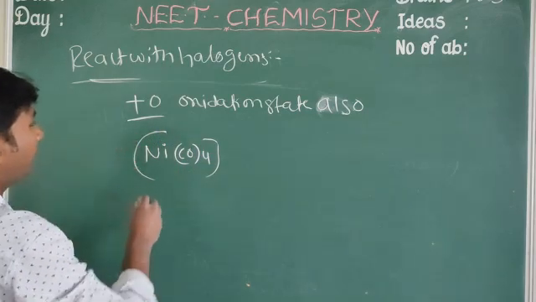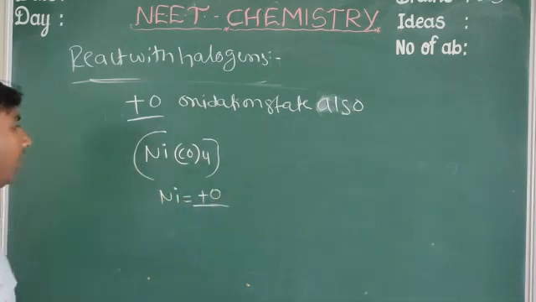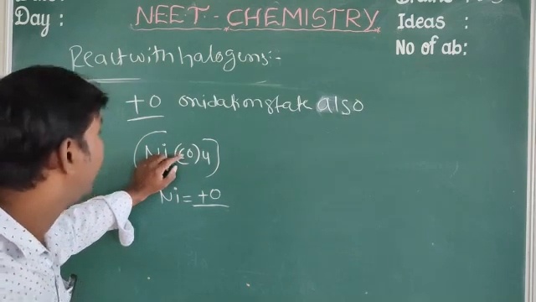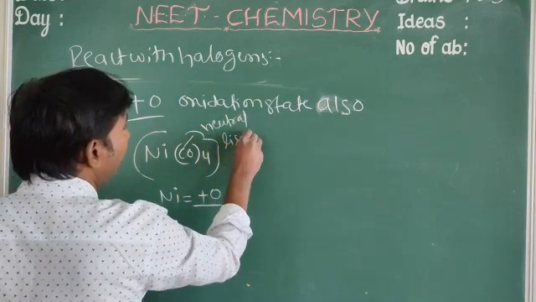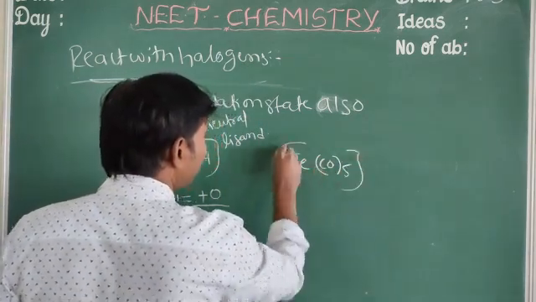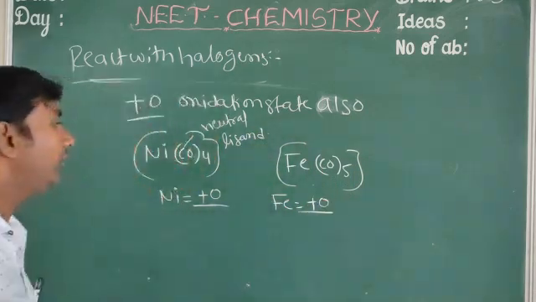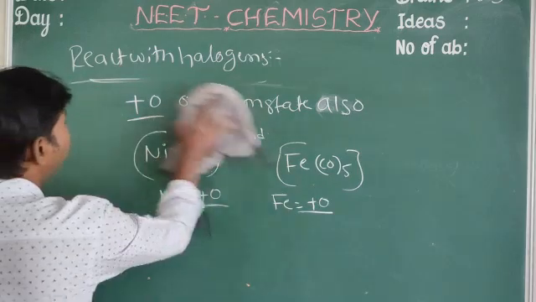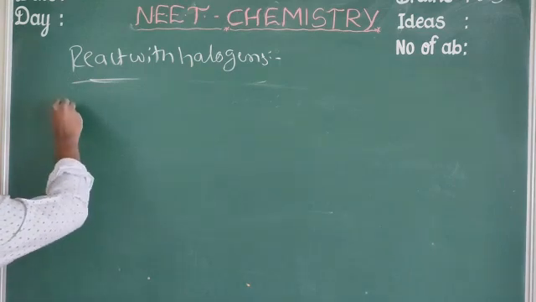Here nickel has oxidation state 0, because, as you understand from coordination chemistry, CO is a neutral ligand. Next, Fe(CO)5 is also zero oxidation state due to the neutral ligand.